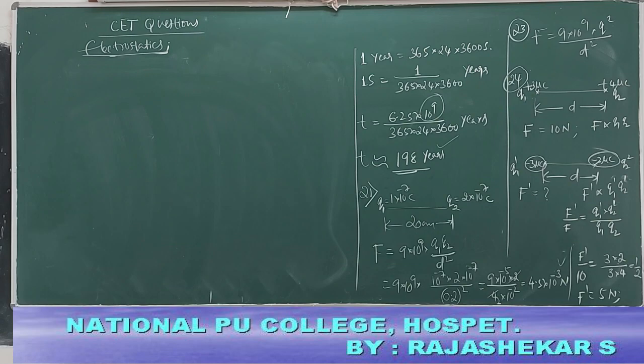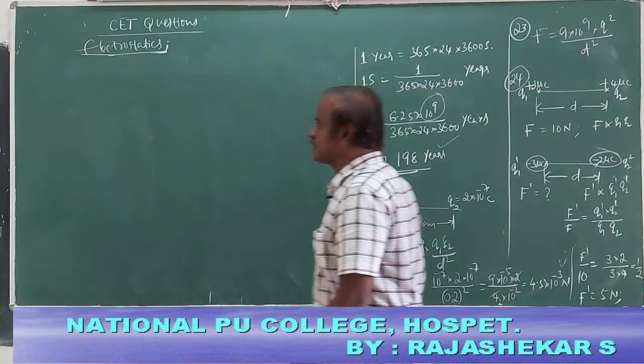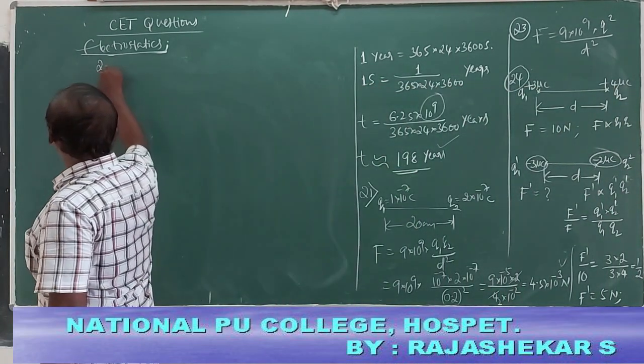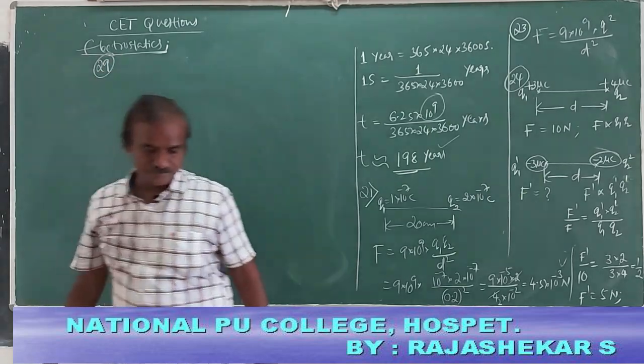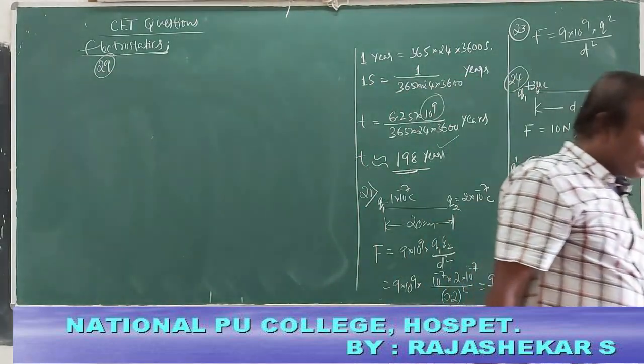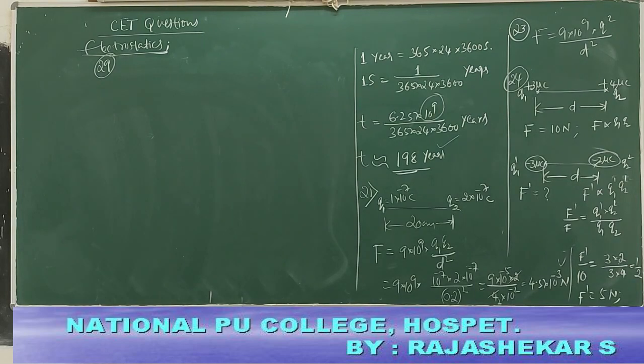Now I refer to force between multiple charges. The questions on force due to multiple charges. Question number 29, I go with. What is the 29th question? Two charges Q and minus 3Q are fixed on the x-axis separated by distance d.